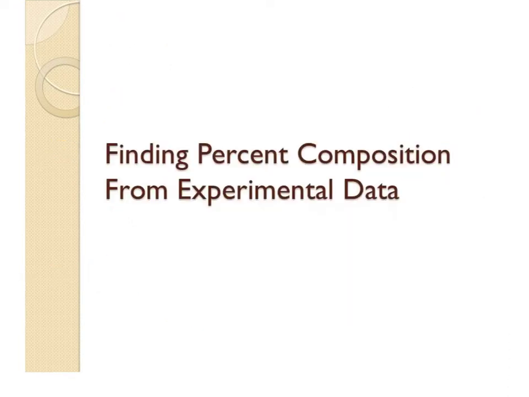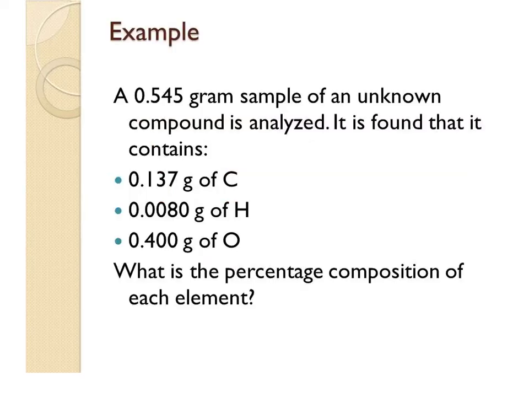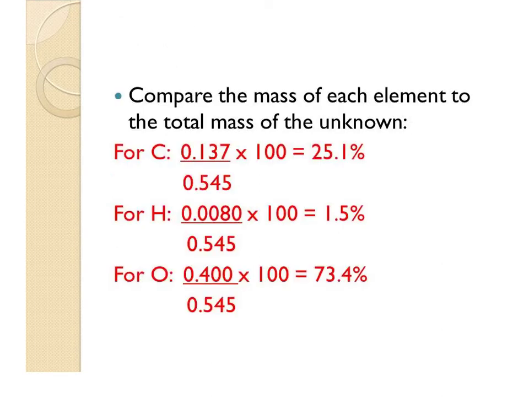Okay, next thing we're going to talk about is finding percent composition from experimental data. So in our next example, a 0.545 gram sample of an unknown compound is analyzed. It's found that it contains this much carbon, this much hydrogen, and this much oxygen. So we need to figure out what is the percent composition of each element. Our first step is to compare the mass of each element to the total mass of the unknown.